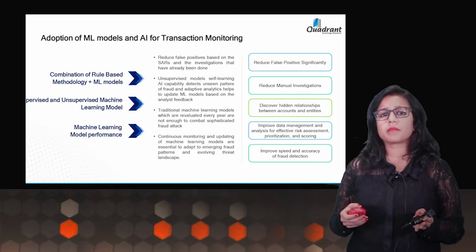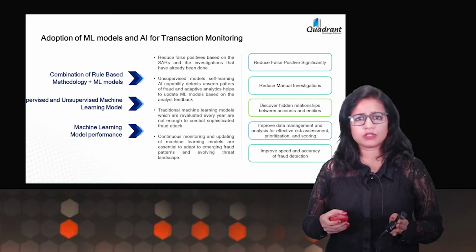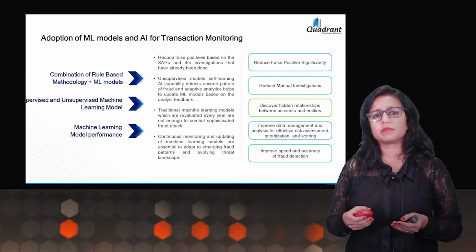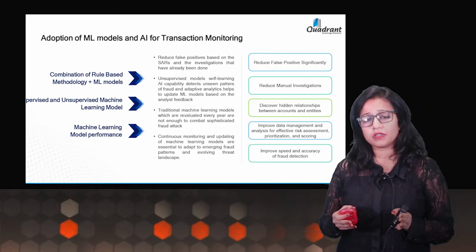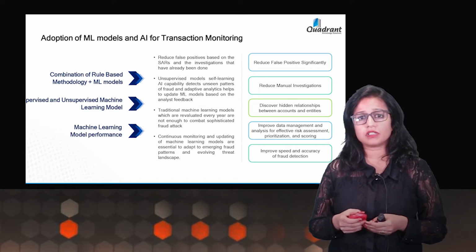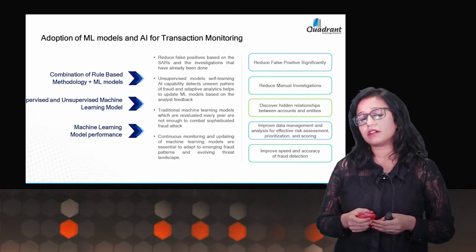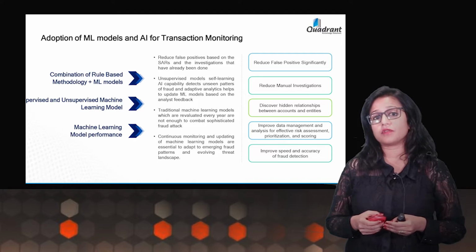Now again, coming back to the black box challenge. We have just made a mention of explainable AI. Two major components of ML are supervised and unsupervised ML models, which are also helping FIs combat the challenge of the black box.